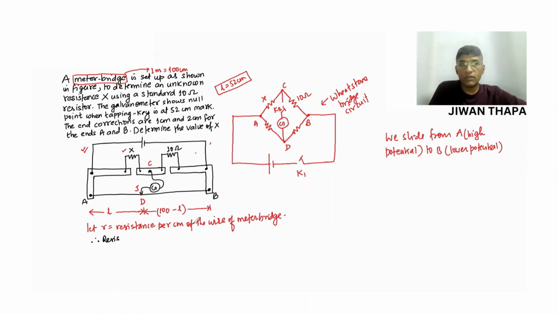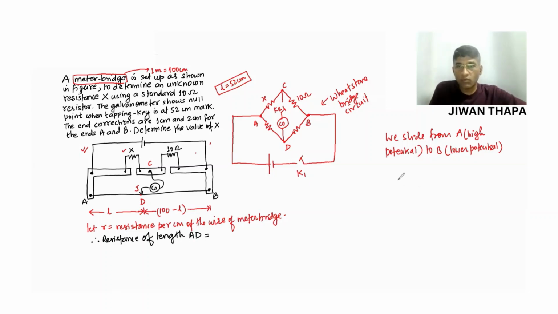And we need to find the resistance of the length DB, that is, resistance between D and B, or resistance of the arm DB. So resistance of length AD, we need to find this.